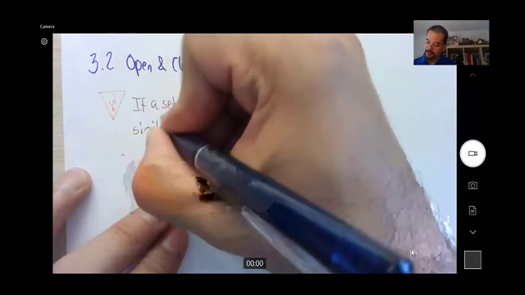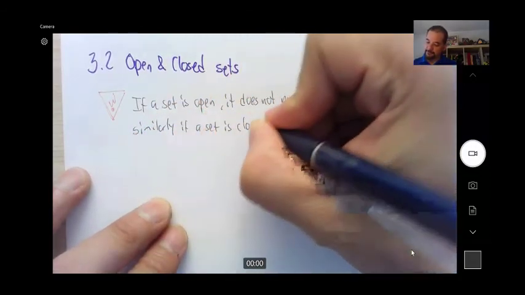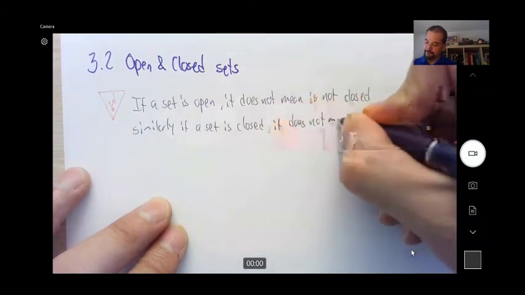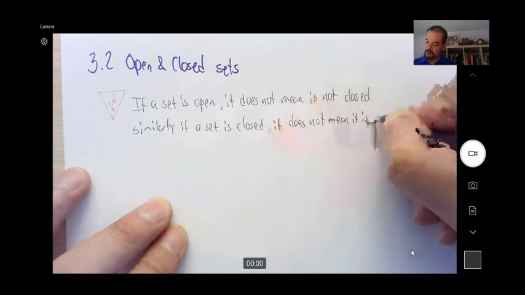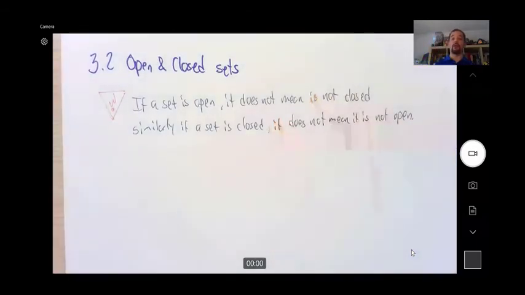Similarly, if a set is closed, it does not mean it is not open. And there are some sets that are neither open nor closed. We're going to learn about that too. So there are some that are neither. There are sets that aren't closed and they aren't open either.